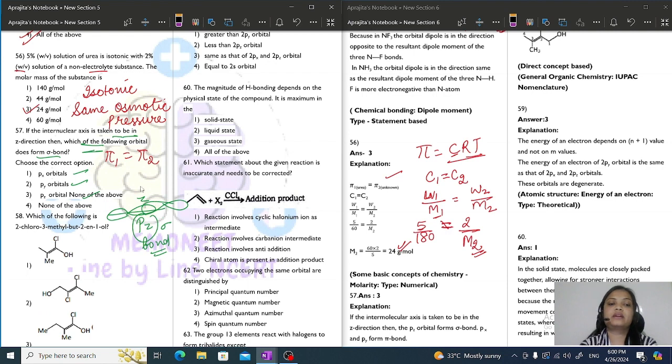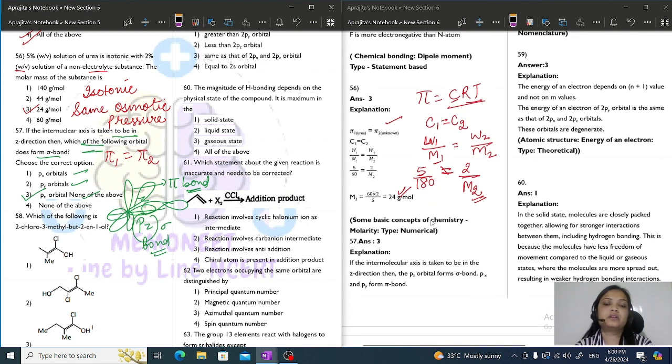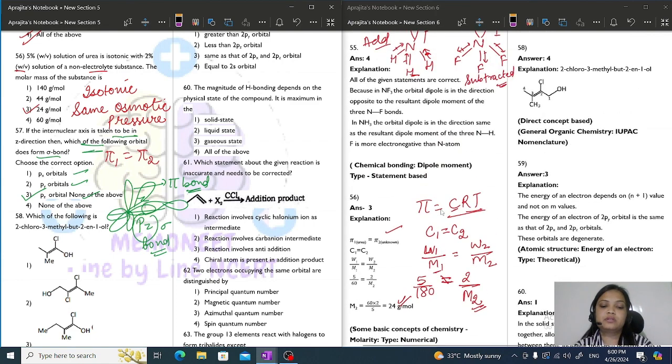But if we have px or py orbitals, they will form pi bonds. They cannot form a sigma bond. So in this case the answer is going to be option number 3, that is pz orbital will form the sigma bond, and px and py will form pi bonds.